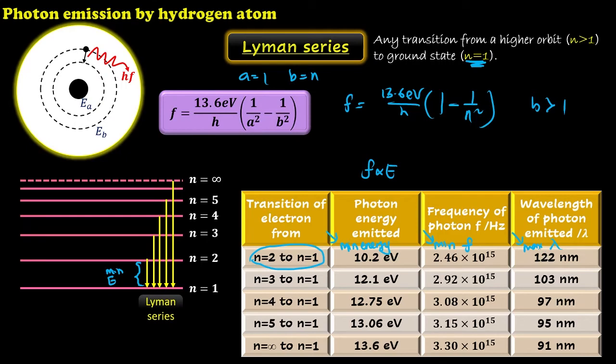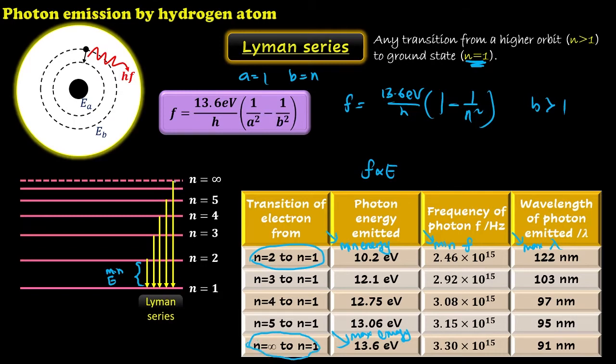122 nanometers. So if you look at this table, this one is the maximum energy. The maximum energy happens when the transition of the electron is from infinity to the ground state.